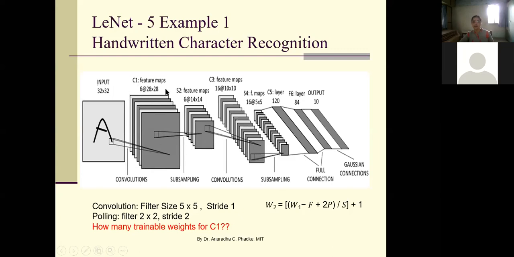So for layer C1, how many trainable weights are there? Can anybody tell me? Trainable weights for convolution layer 1. There are 6 filters, each of size 5 by 5. So how many trainable weights or filter coefficient values are there for layer C1?